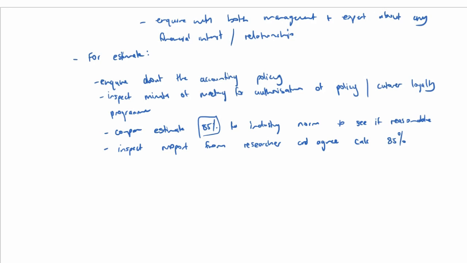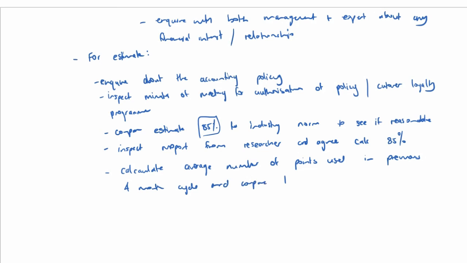Another reasonableness test I can do is to almost calculate my own estimate. So I can say, go and calculate the average number of points used in the previous 4-month cycle and compare it to the 85%.